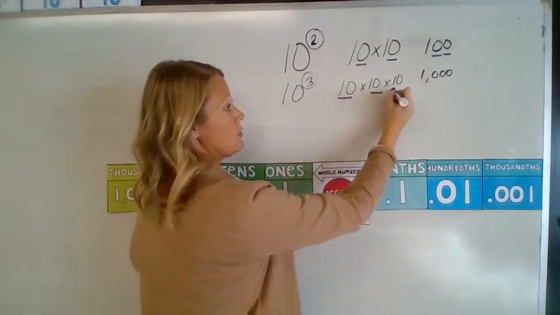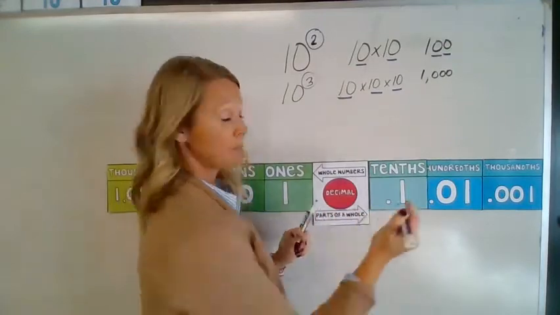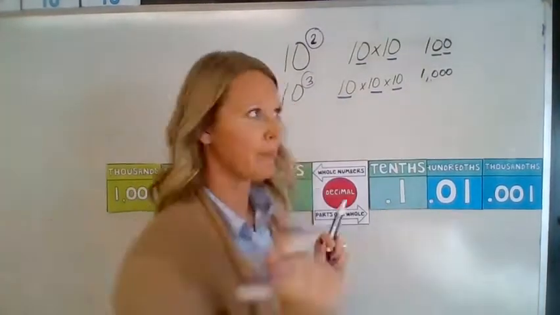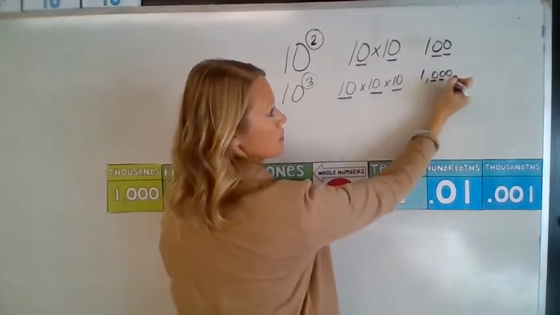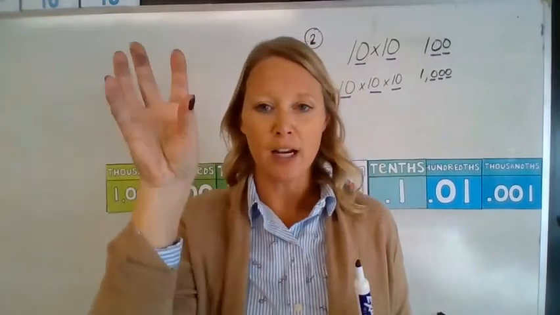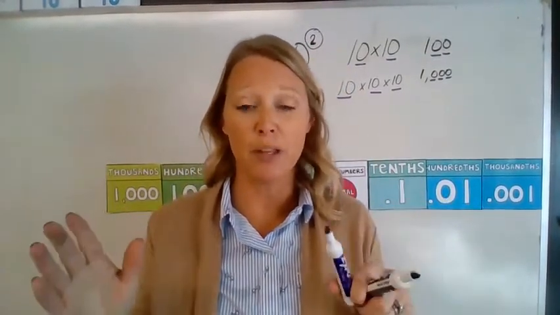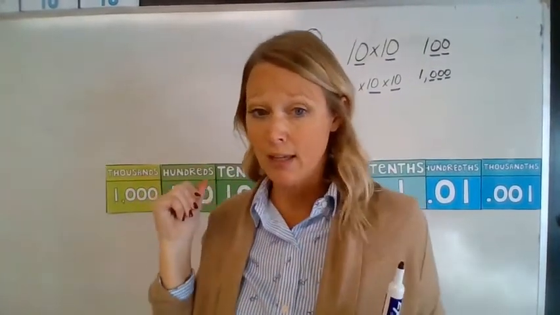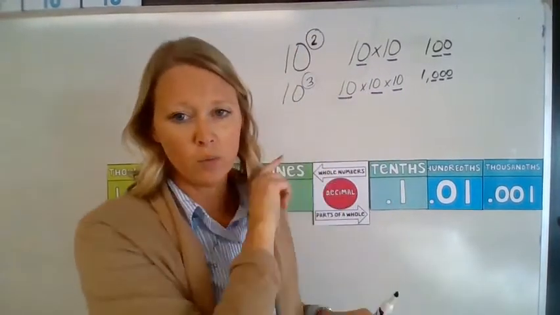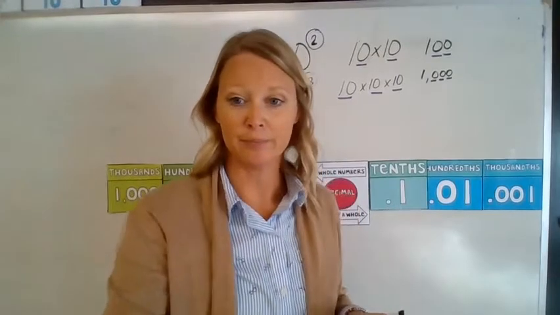There's 1, 2, 3 tens. And let's make sure in our standard form, which is just the number, that there are 3 zeros. 1, 2, 3. Yes. So you need to make sure that your exponent matches the amount of place values, or zeros in this case, because our zeros are placeholders when we're dealing with the number 10.